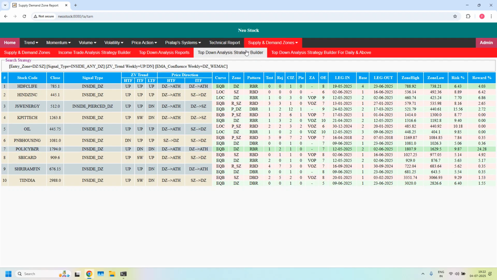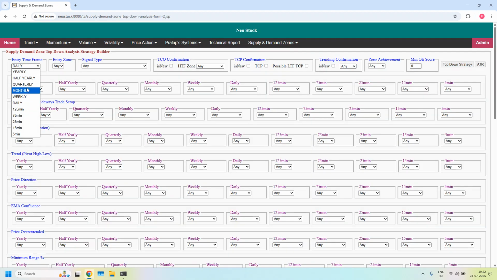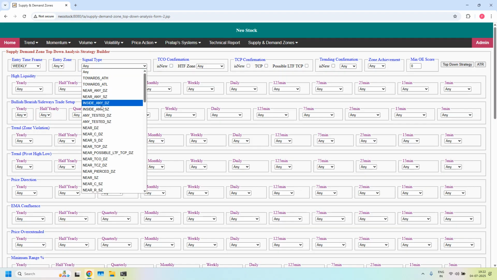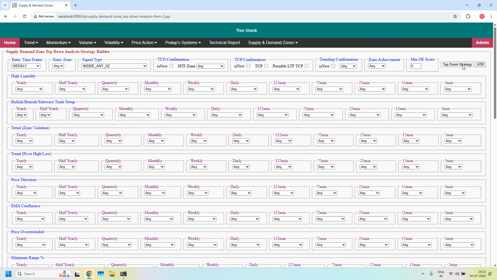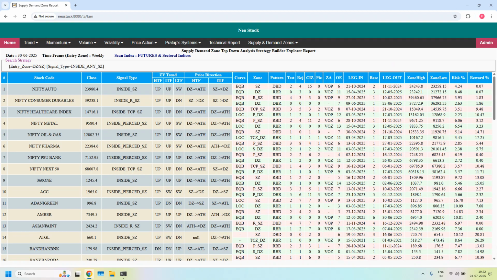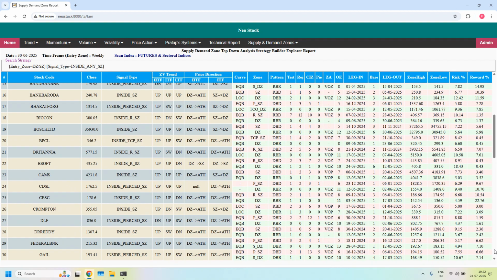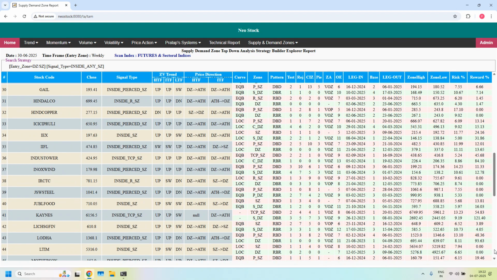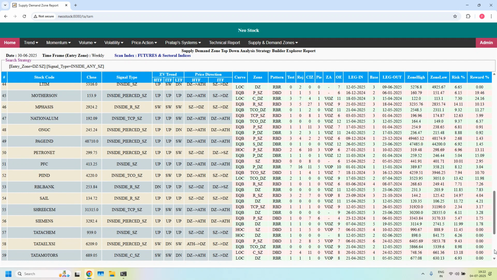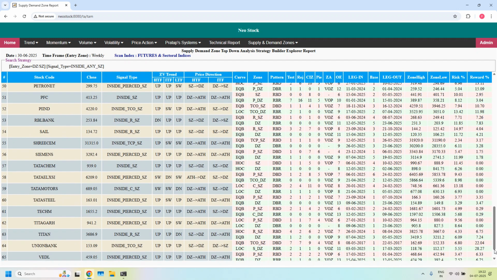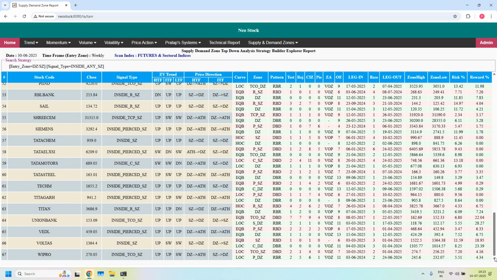Okay, next, price closed inside the weekly supply zones. We got a big list, first 15 stocks in the list. Total 67 stocks are filtered.